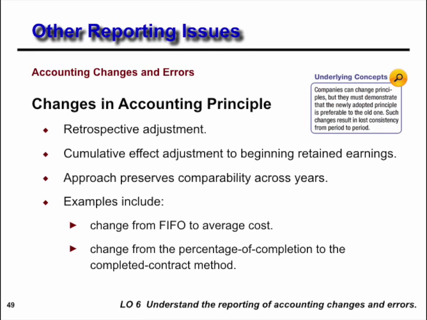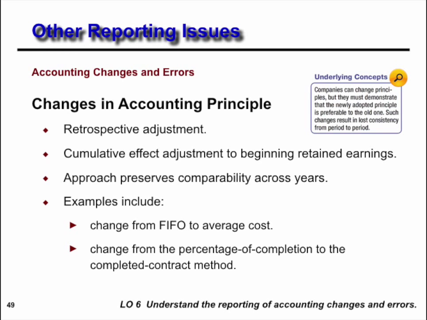Common changes in accounting principles include changes in inventory cost flow assumptions or revenue recognition methods. Once a company adopts an accounting principle, the principle should not be changed unless a preferable principle is adopted. The justification for the change should be clearly disclosed in the notes to the financial statements.